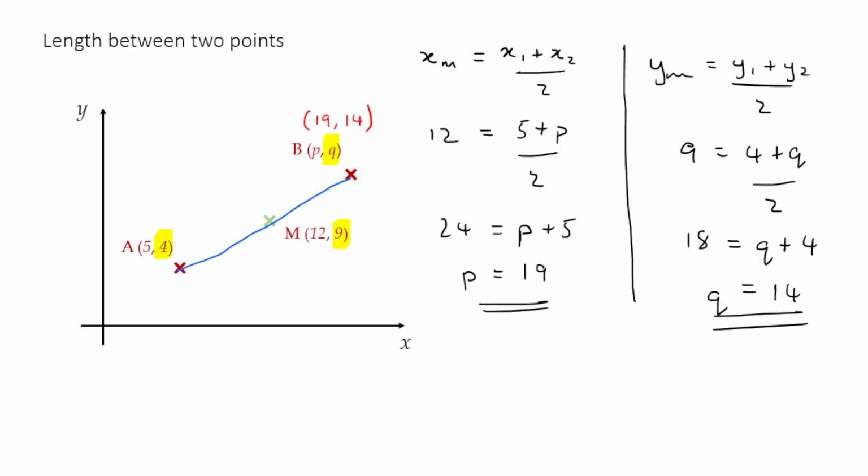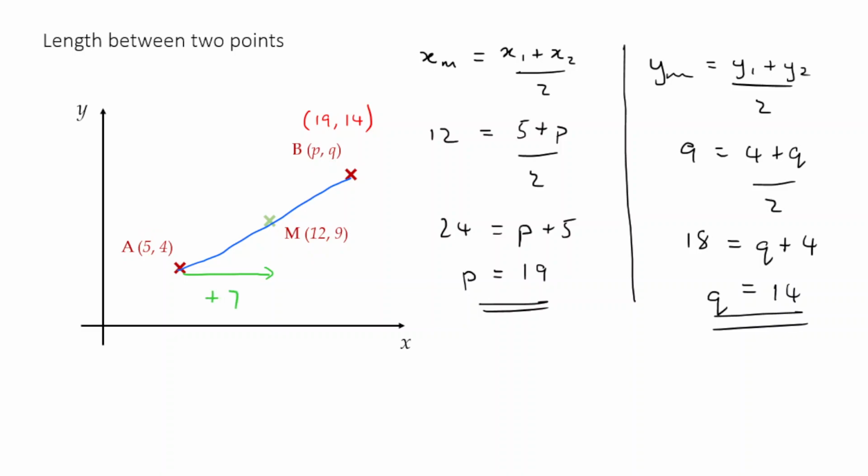And if you want, there's another way that you could visualize that, right? Let's try to visualize it another way. How do I get from the x-coordinate of A to the x-coordinate of the midpoint? Well, I've got to travel along a distance of 12 minus 5, which is plus 7, right?